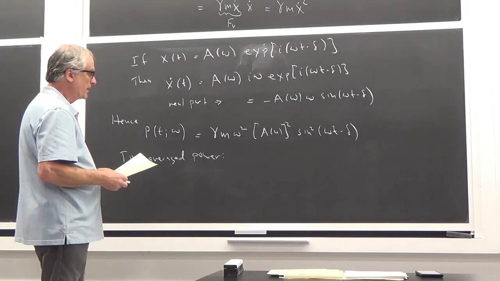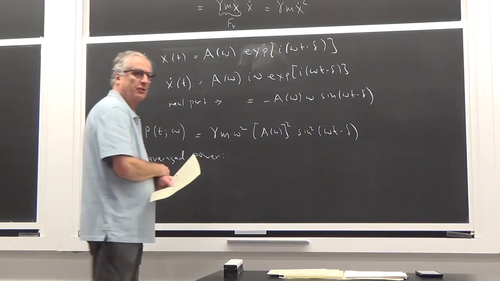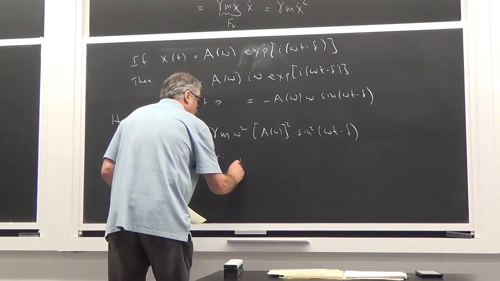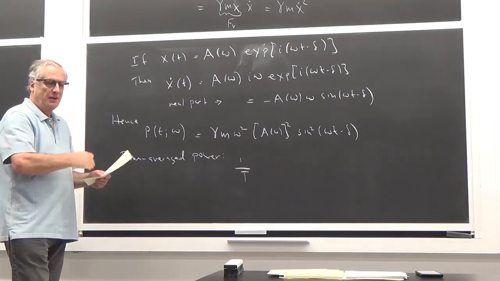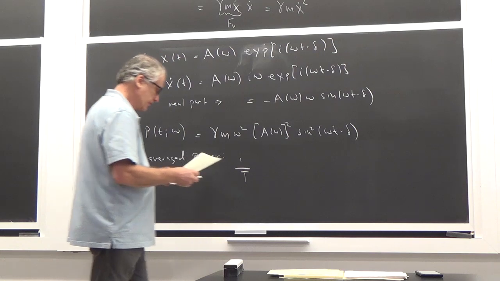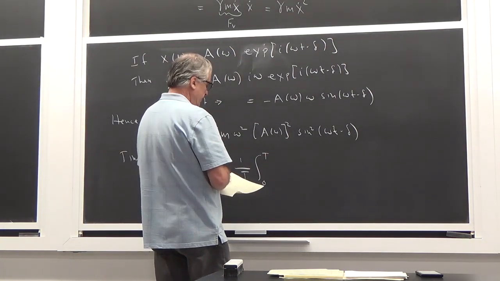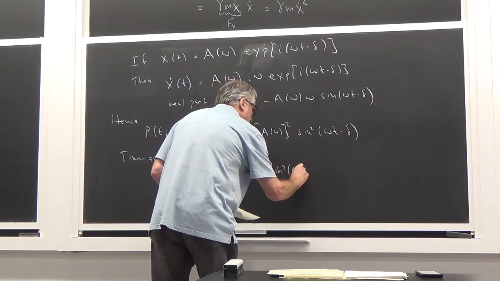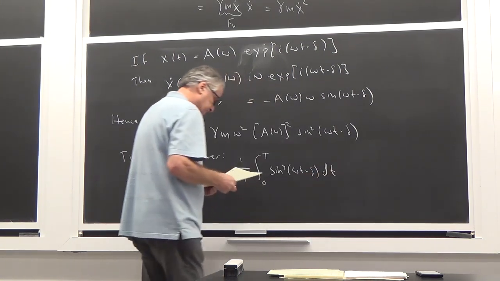So we have to integrate this over one cycle of motion to get an average. I could do n cycles, but we just want to get the average over some number of cycles. So we have to do the integral from 0 to the period t of sine squared omega t minus delta dt.